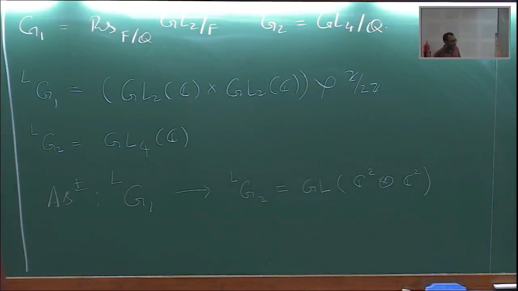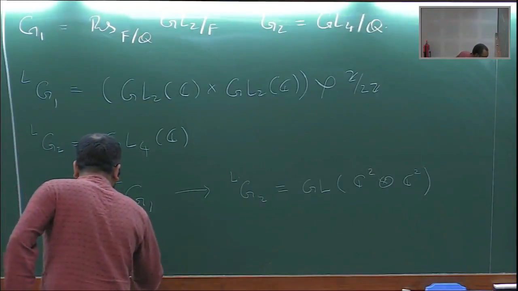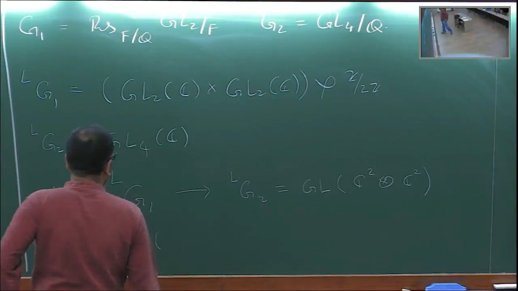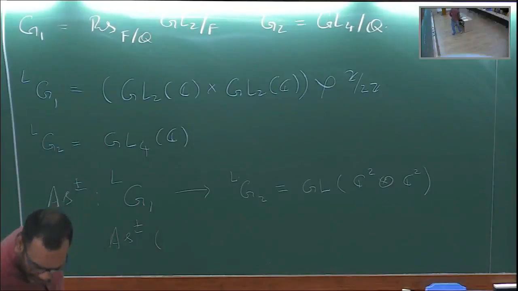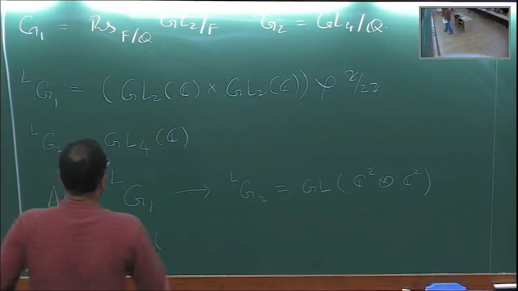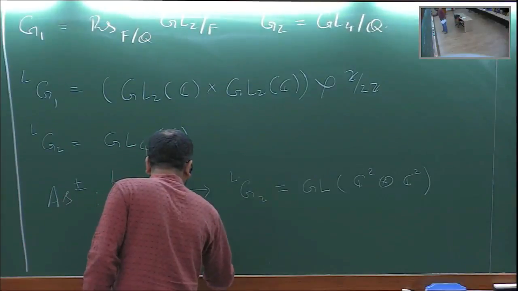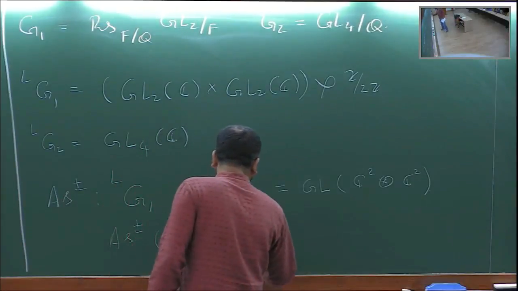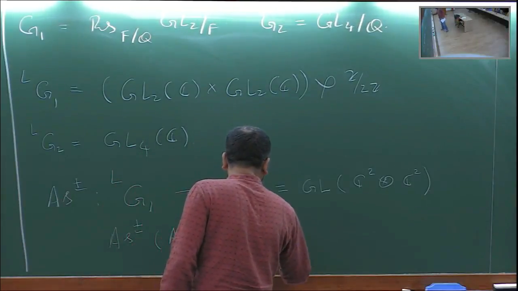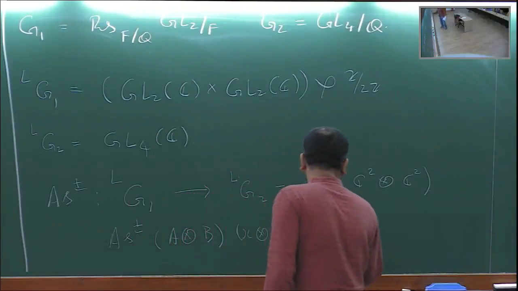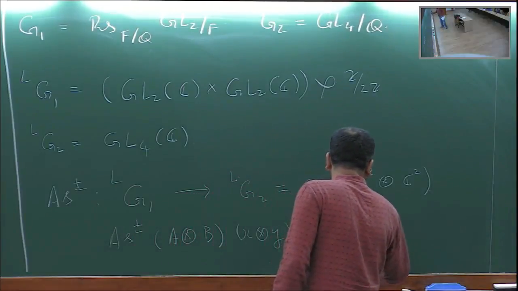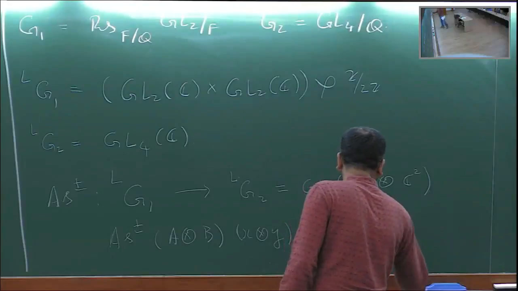The Asai plus/minus of an element (A, B) acts on x tensor y as Ax tensor By.